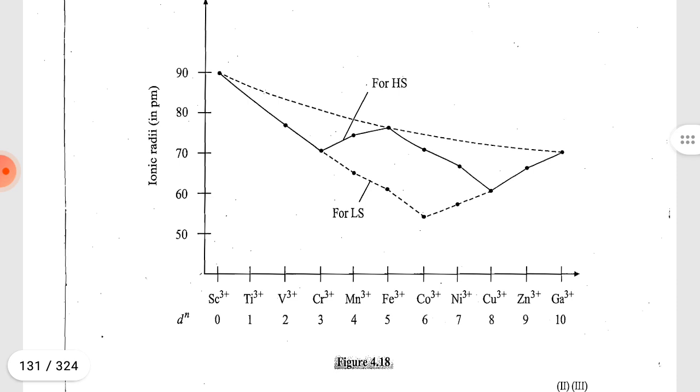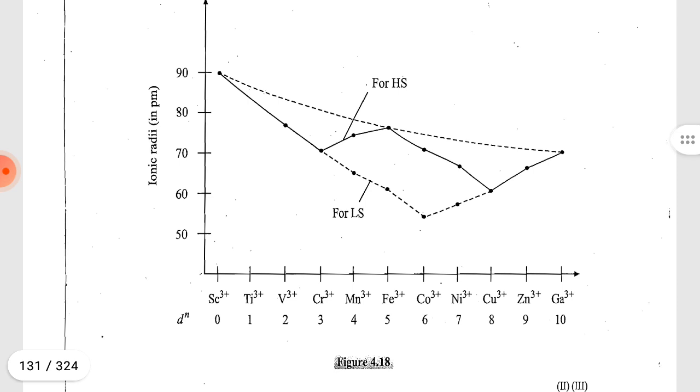Then from chromium, manganese till iron of high spin complex, the ionic radii is increasing. Then once again, ionic radii is decreasing for high spin complex from iron, then cobalt, nickel, copper. Then from copper of high spin complex, ionic radii is increasing from copper, zinc, and gallium.